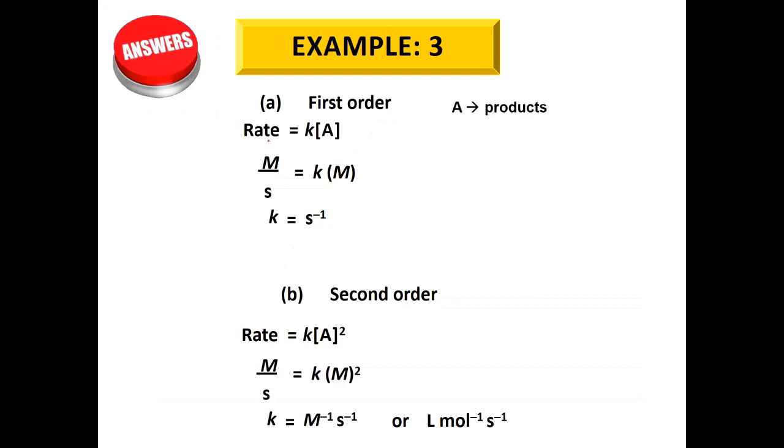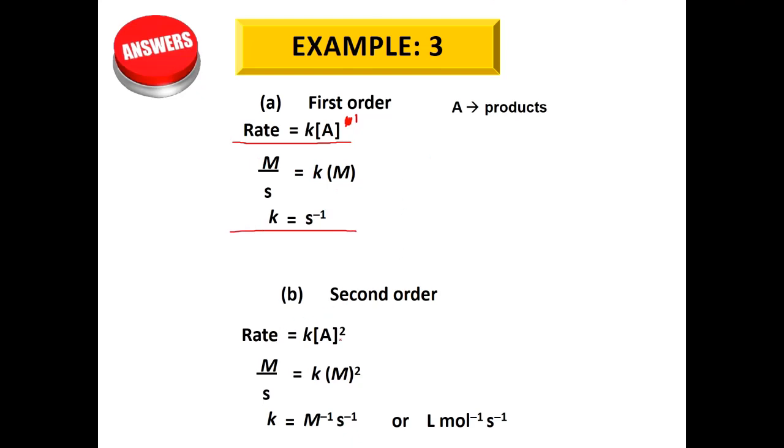For the first order, the rate you can write is K multiplied with the concentration A. The first order is 1, sorry, not 0. So you can write your rate, and the rate is M over S. The concentration A is M, then finally you get the K.